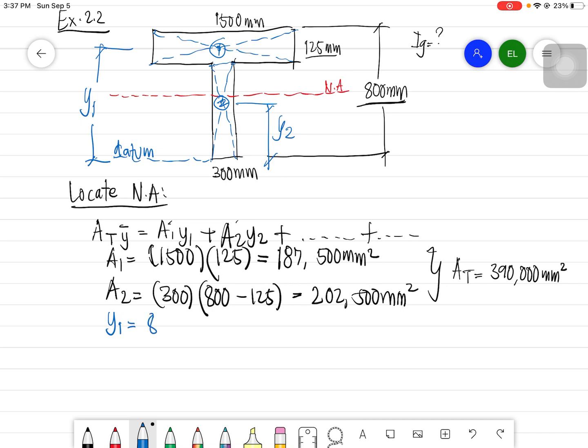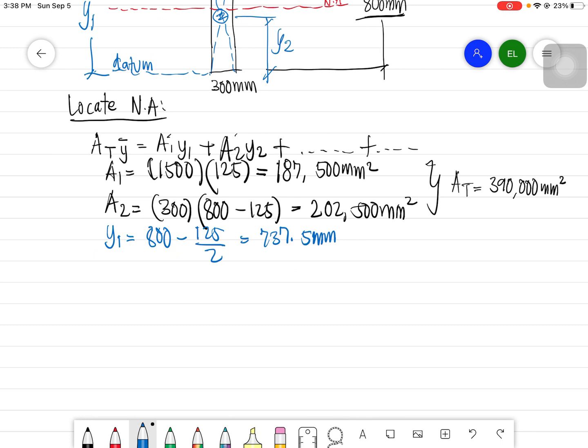So y1 is 800 minus 125 over 2, and that is equal to 737.5 mm. Then y2 is equal to 300 minus 125 over 2, hmm, this is equal to 337.5 mm.